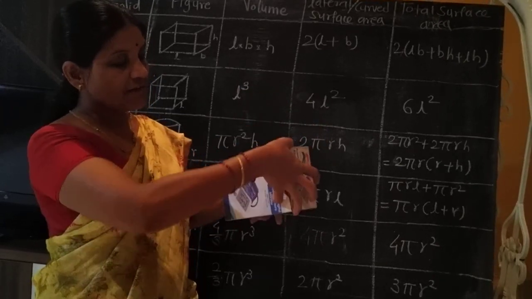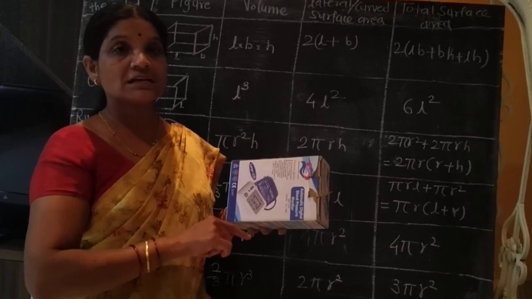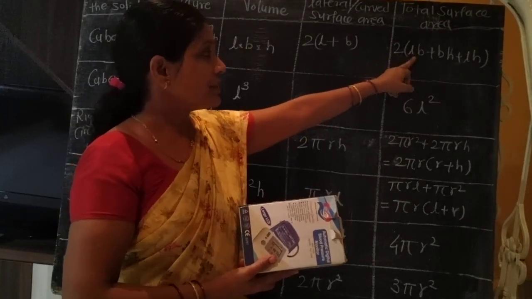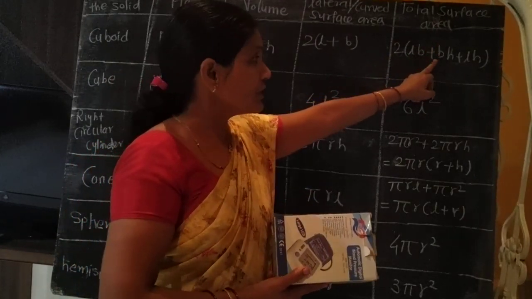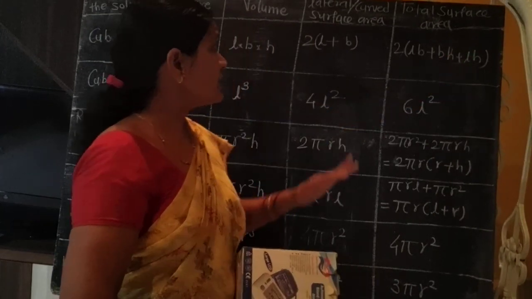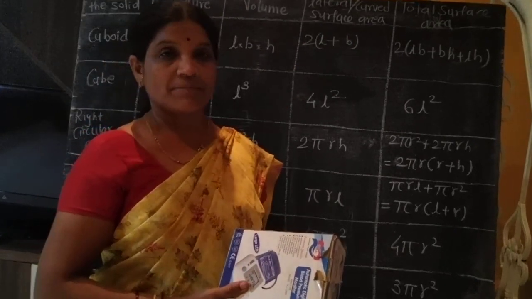This also has length into breadth. And that's why its total surface area is 2 times (length into breadth plus breadth into height plus length into height).